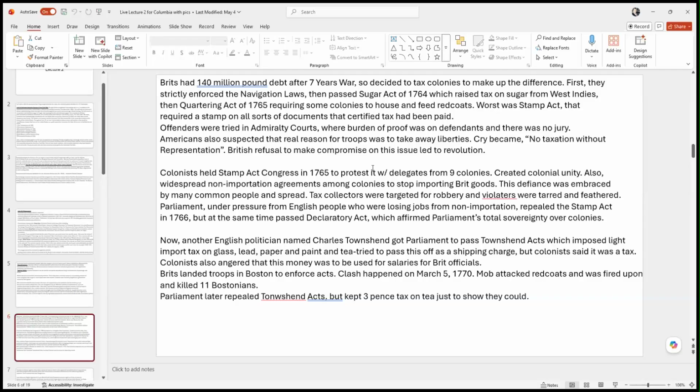The British said that their soldiers were attacked by a violent mob. The colonists said the only thing the mob did was throw snowballs and say mean things to the British soldiers. But what we do know is the British soldiers opened fire and killed 11 residents of Boston, and it's called the Boston Massacre. Some people say that was in some ways the beginning of the Revolutionary War. Okay?